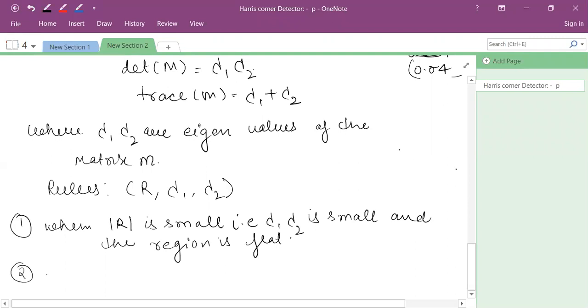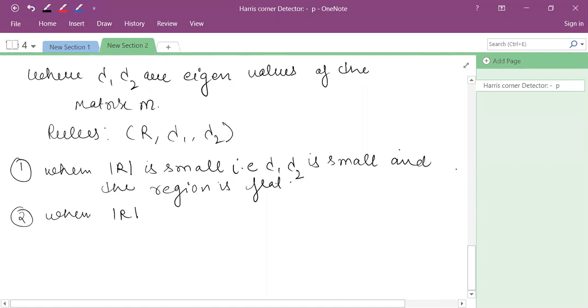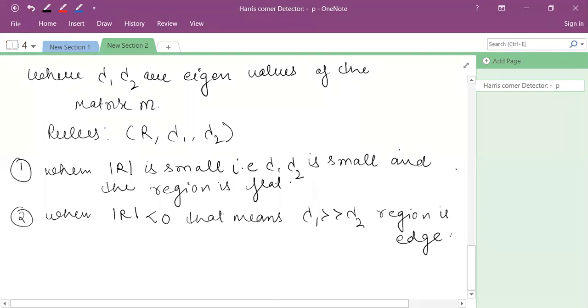The second rule: when R value is less than 0, lambda 1 is far greater than lambda 2, and the region is an edge.